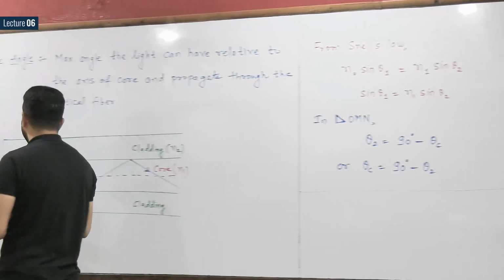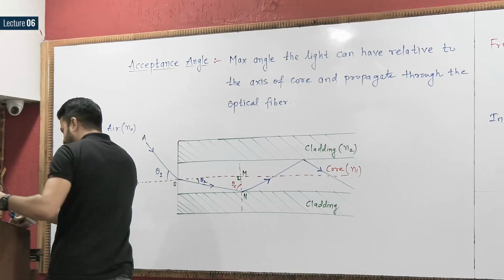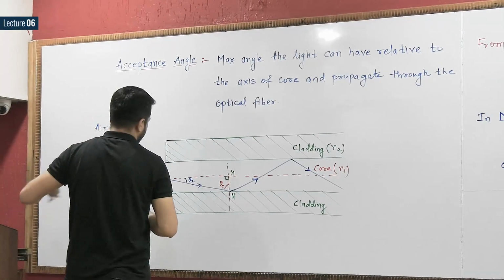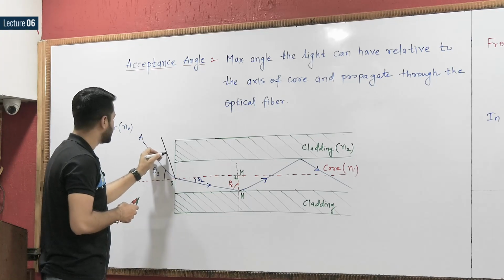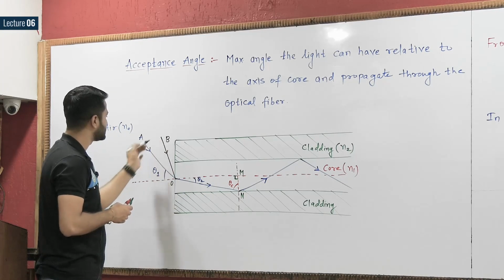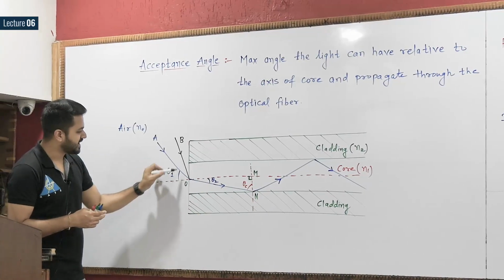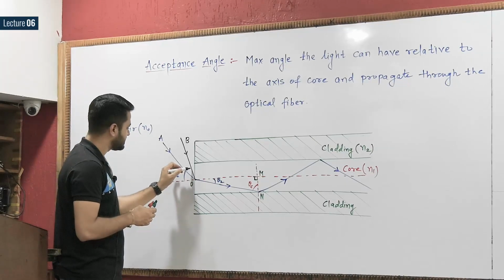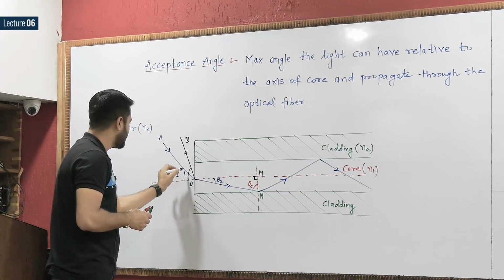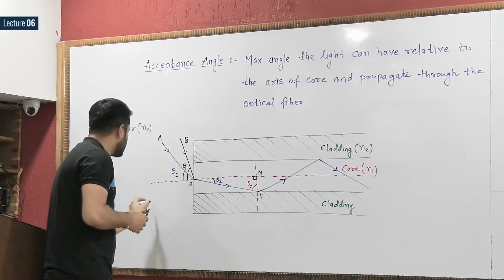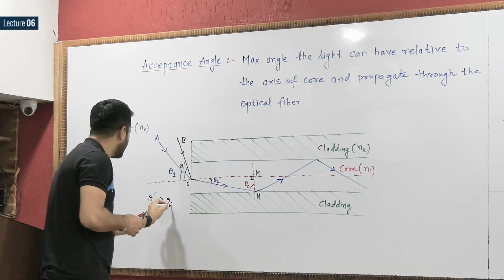Now suppose there is another light, say ray B. Suppose this is B, and as we can see from here, it is making an angle greater than theta 1. Okay, so suppose it is making an angle theta 1 dash. So here we can see that this theta 1 dash is greater than theta 1.